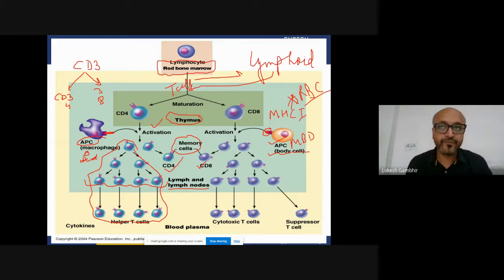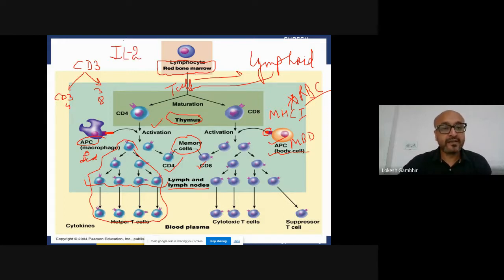That clonal expansion happens inside the lymph node. Of course, this clonal expansion is triggered by the release and uptake of certain cytokines, and the principal cytokine which leads to the clonal propagation of T cells is IL-2.